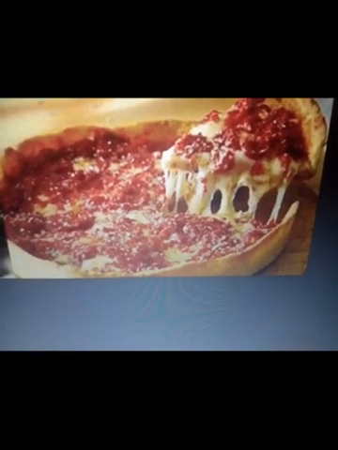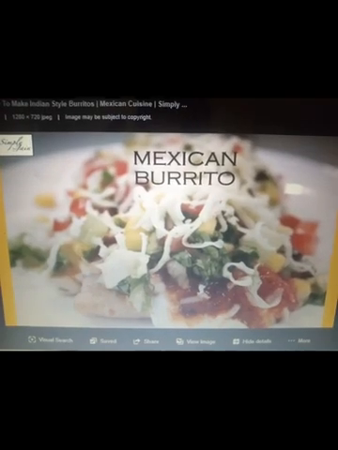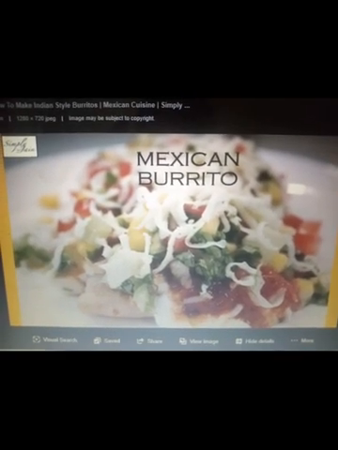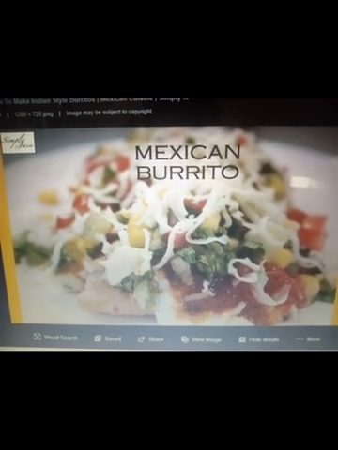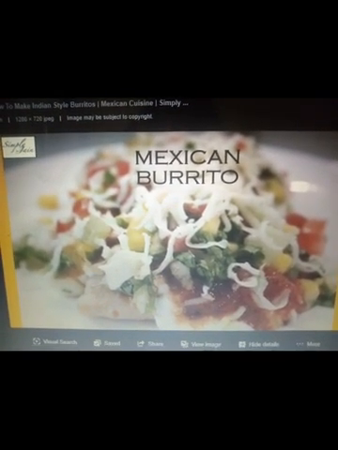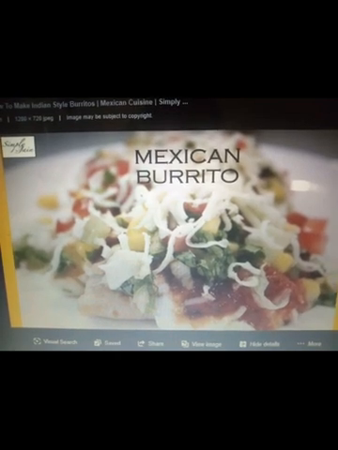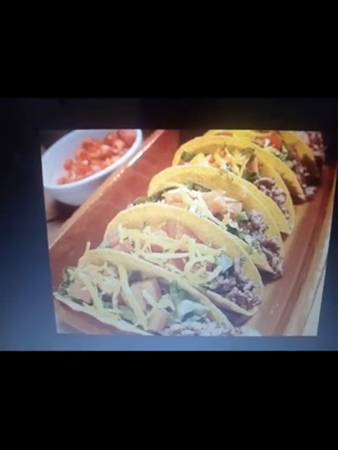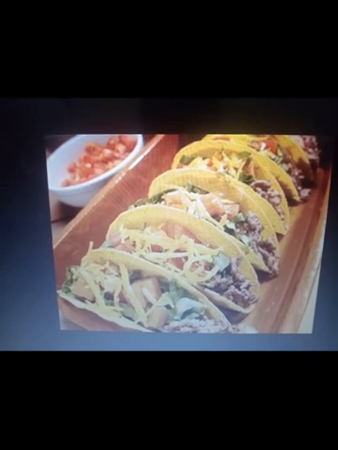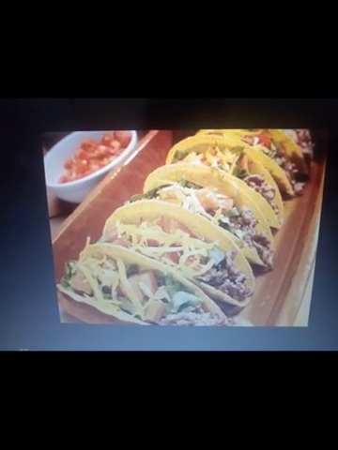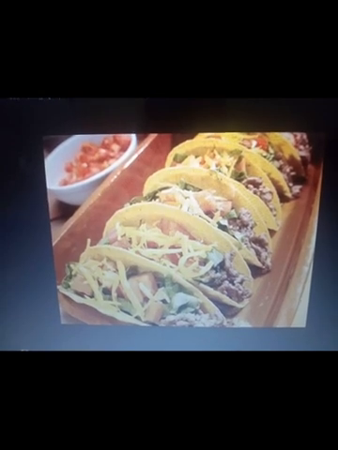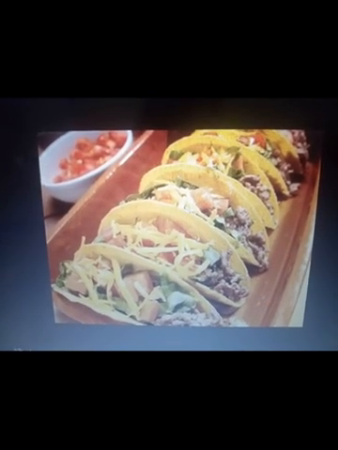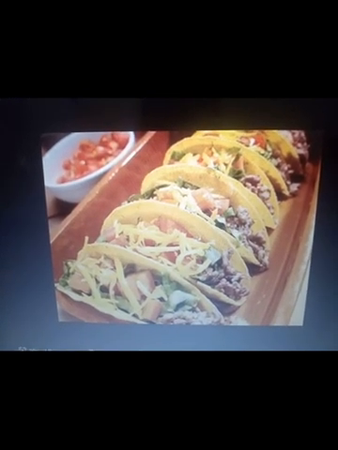Examples of Mexican cuisine are burritos. This is fajitas. Fajitas is also a Mexican cuisine.